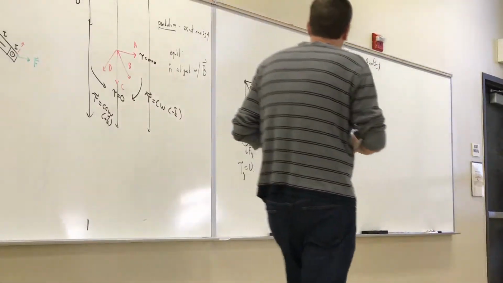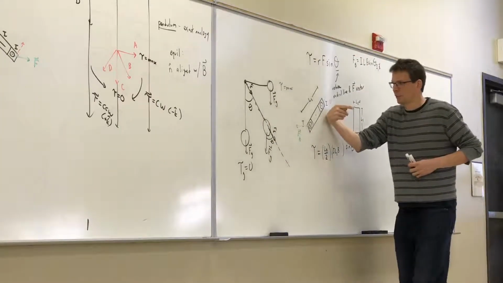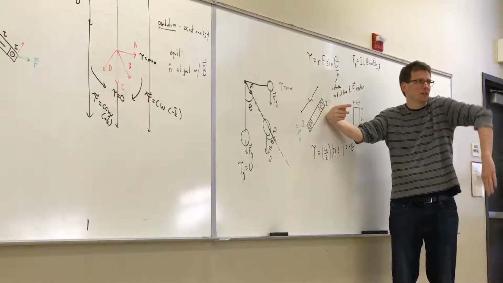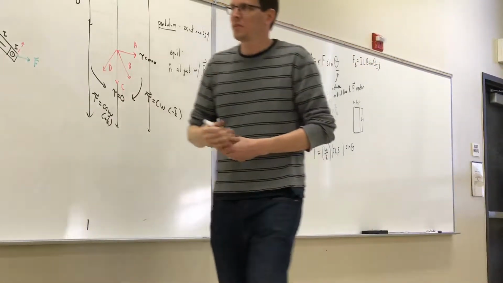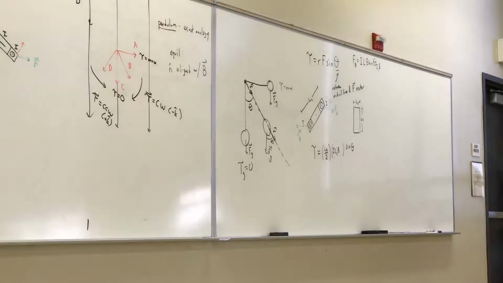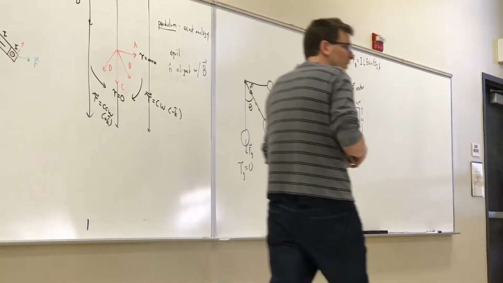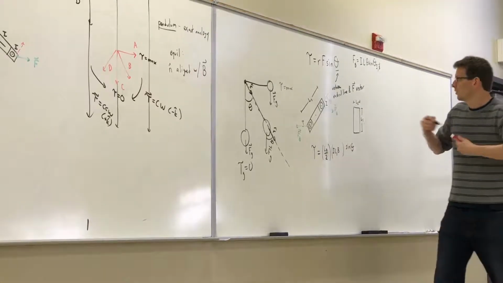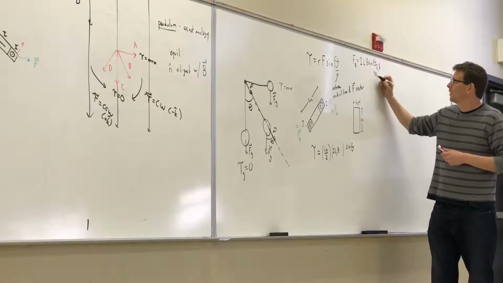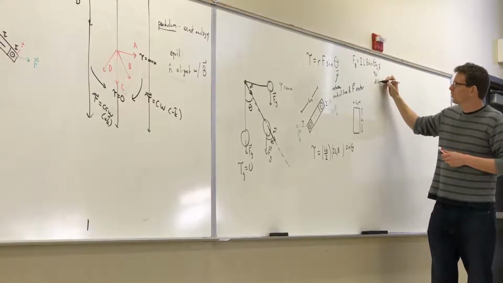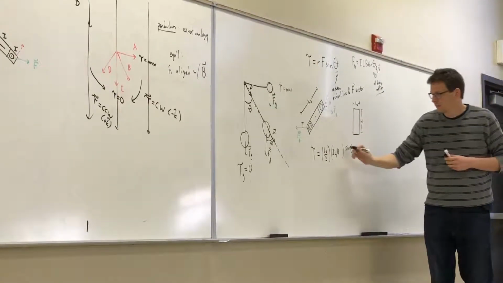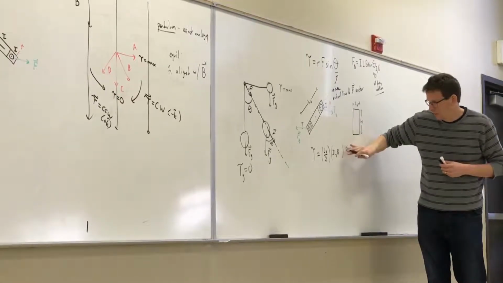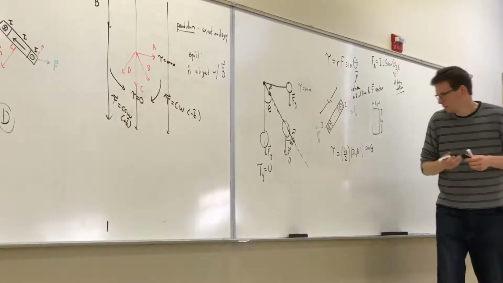Because what's the angle between this current and the magnetic field? 90. Is it 90 all the time? Is that a general statement? Is this current always 90 degrees to the magnetic field? Yes, it is. Awesome. Get rid of that sine permanently. So, sine of 90 all during rotation, and I'll just leave it times 1.